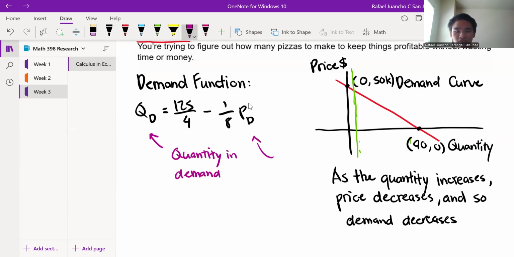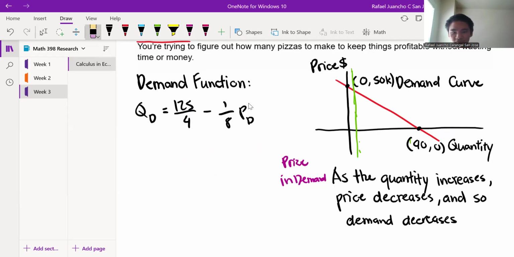Q for quantity, and this is, well, you guessed it, price demanded. Quantity demanded, price demanded. So yeah.